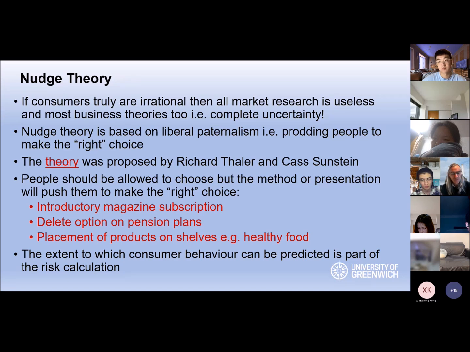What are other examples of nudge theory? In supermarkets in this country, what they used to do next to the cash registers is have displays of chocolate. Chocolate, of course, is not very good for you. But people would be standing there waiting to be served. They'd see all this chocolate and they'd buy it.